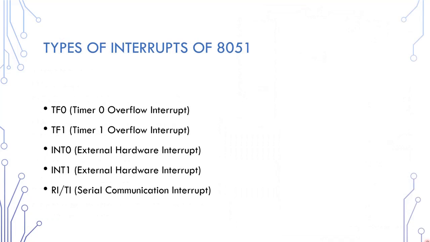There are different types of interrupts, particularly 5 interrupt sources for the 8051 microcontroller. TF0 is the timer 0 overflow interrupt, TF1 is the timer 1 overflow interrupt, INT0 is an external hardware interrupt, INT1 is also an external hardware interrupt, and RI/TI is the serial communication interrupt.